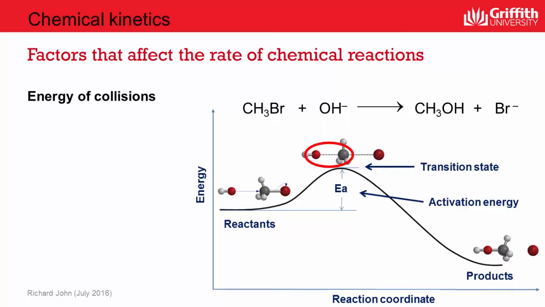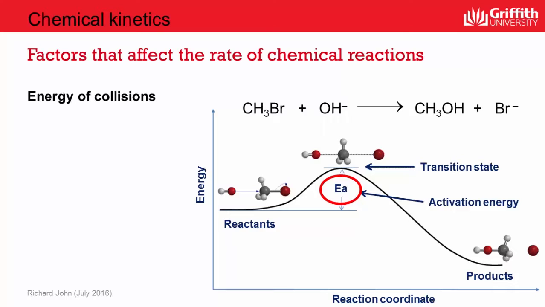The amount of energy needed to allow a reaction to proceed to any significant extent is called the activation energy. So if the energy of the reacting substances is low relative to the activation energy, then the rate of reaction will be slow and the reaction will not proceed to any significant extent.